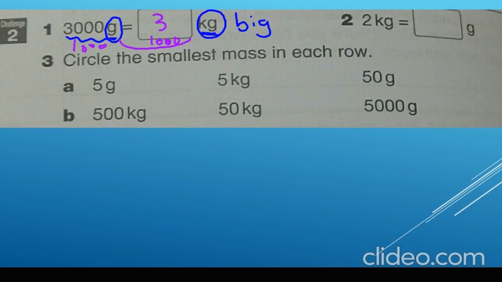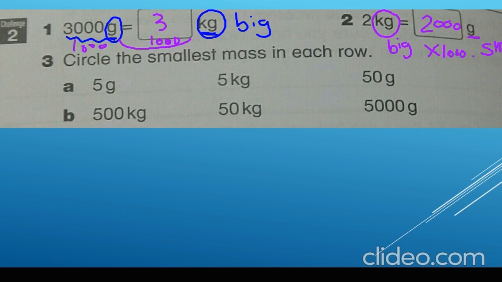Number 2, 2 kilogram, we want to transfer it to gram. That means we will transfer from the big unit to small. That means we will multiply by 1,000. So the answer will be 2,000 gram.